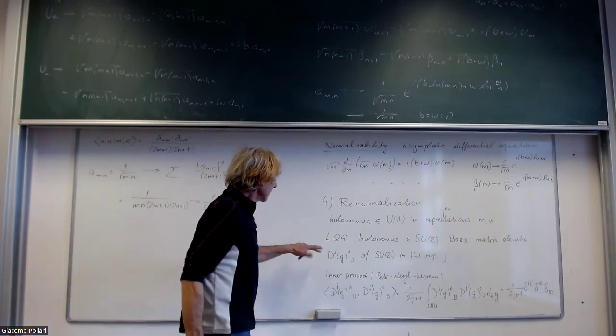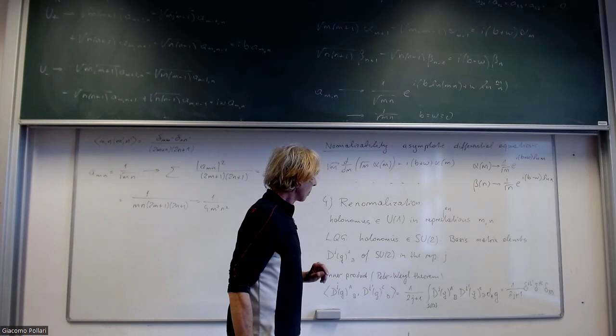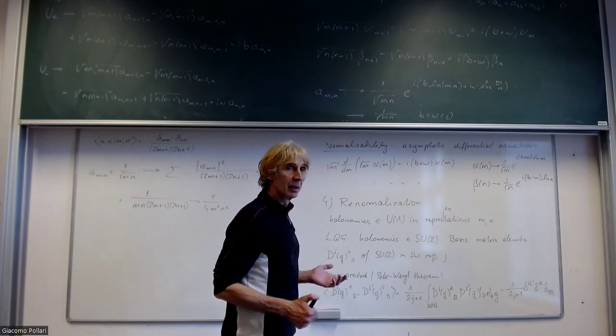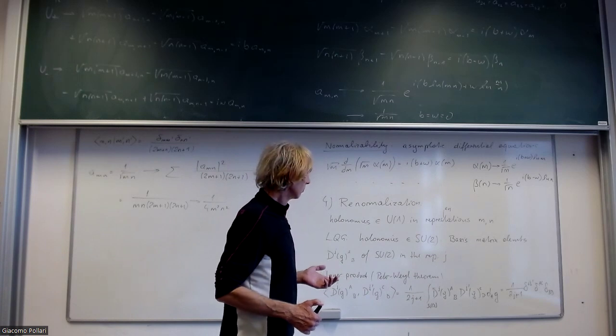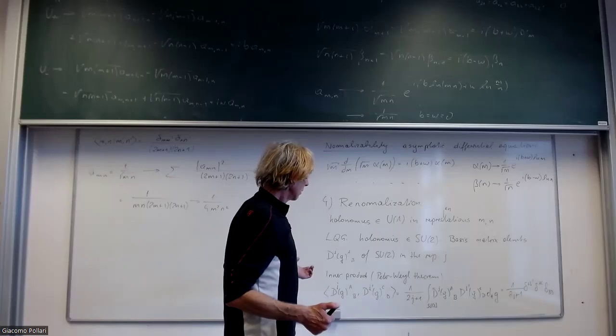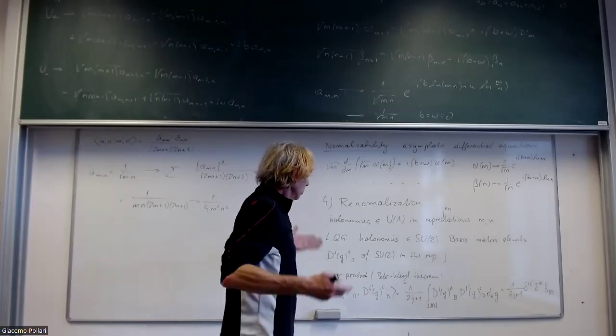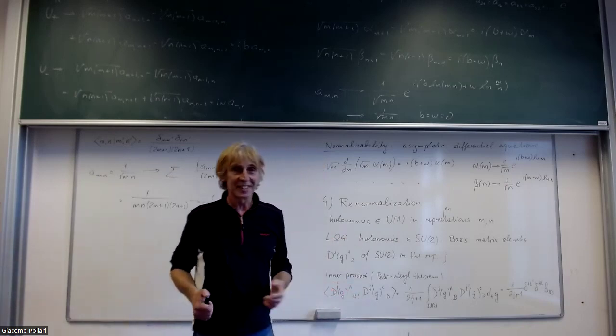Well, the argument is that originally it should be SU2. But how does the charge in U1 connect with the representation of SU2? Right, the N is somehow a U1 charge. Yeah, I just introduced it ad hoc. What should I do if it diverges?